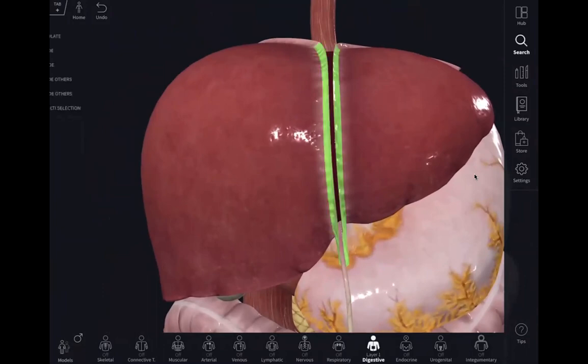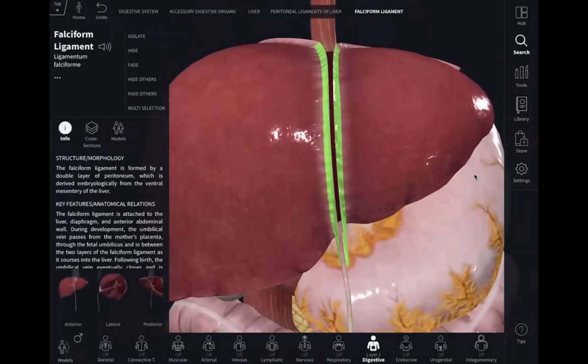This ligament is known as the falciform ligament. Now this falciform ligament will demarcate the right and the left lobe of the liver. The falciform ligament is on the anterior aspect.